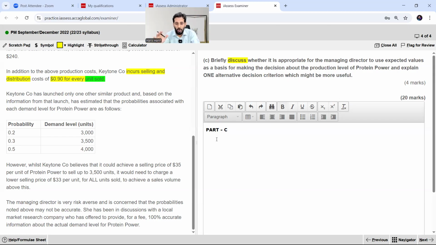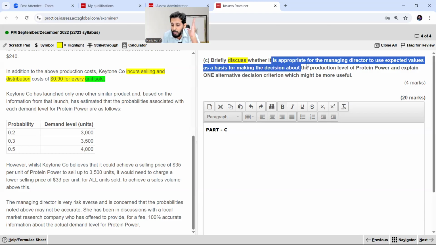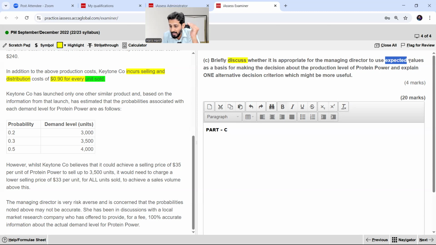So first of all, you should discuss the expected values. Briefly discuss whether it is appropriate for the managing director to use expected values. Please observe and listen to me very carefully.